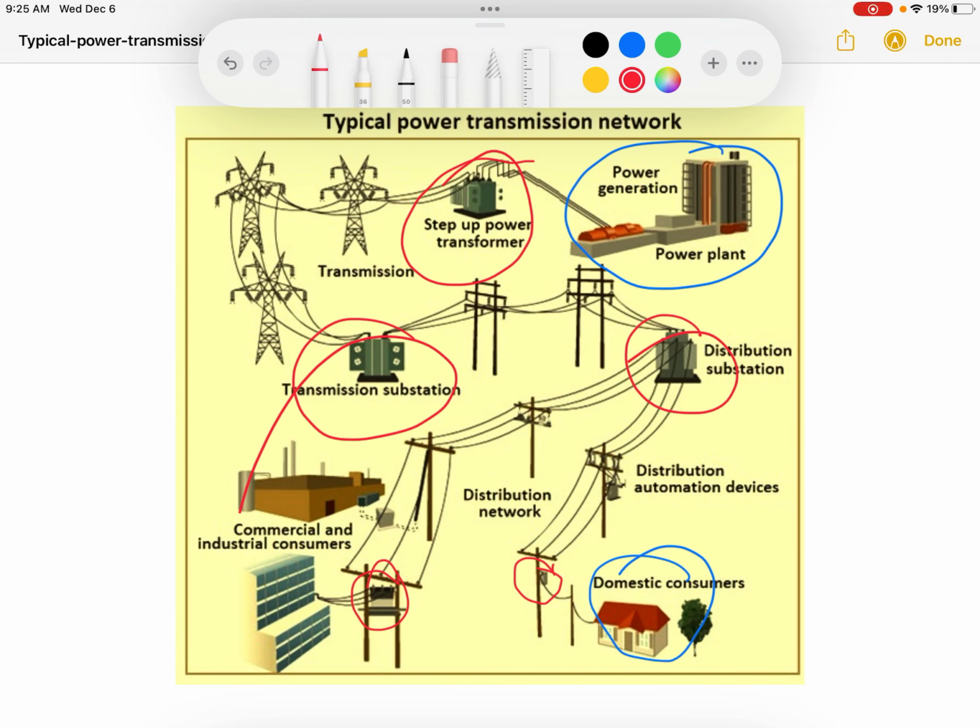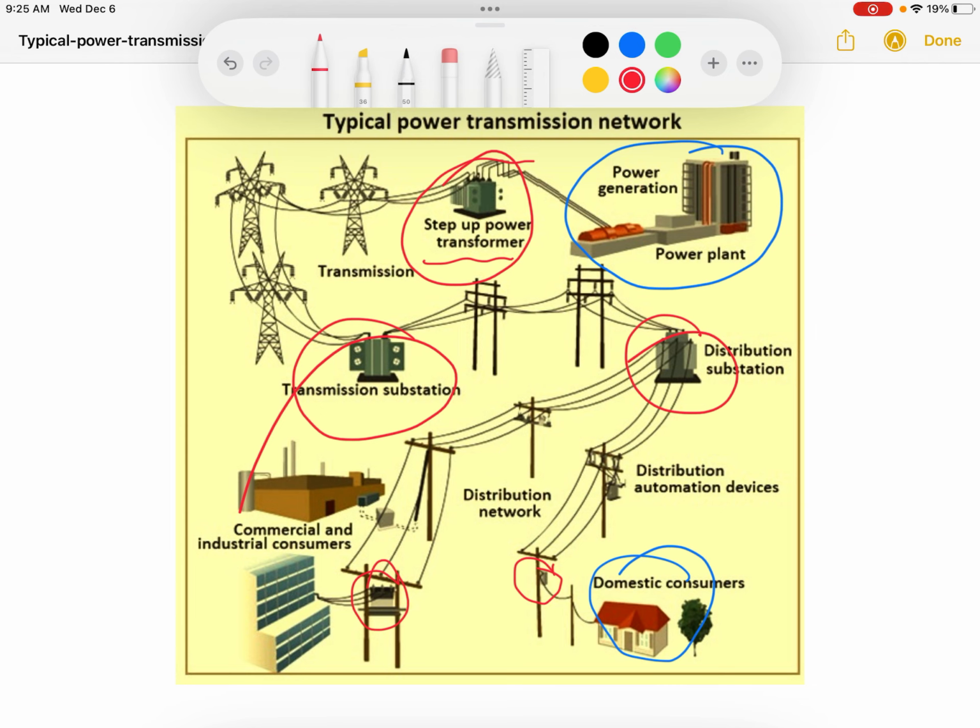Transformers are very important in transmission because the main work of the transformer is to either step up the voltage or step down the voltage. It is very important to change the value of the voltage in order to transfer it over a longer distance. For example, in the first transformer, we have to step it up because it needs a high voltage so that we could transfer it over a very far distance.